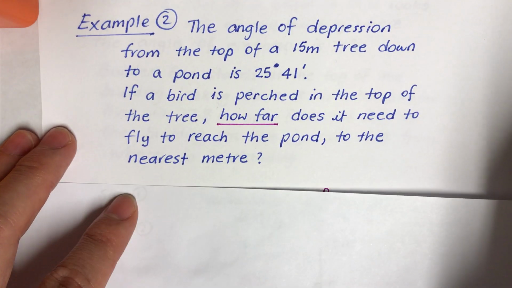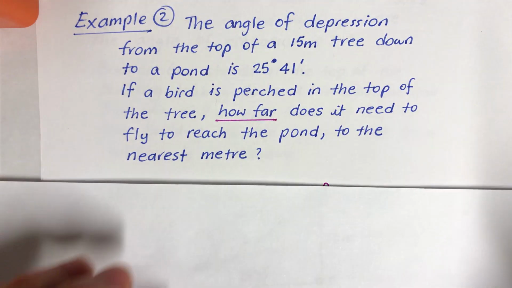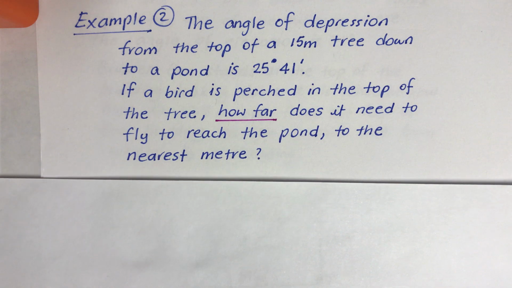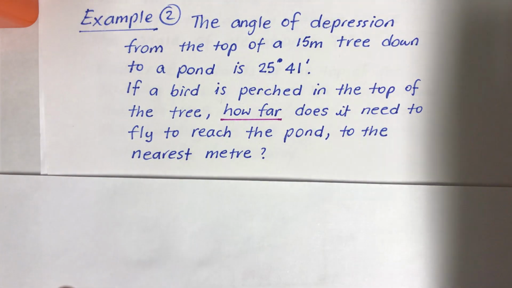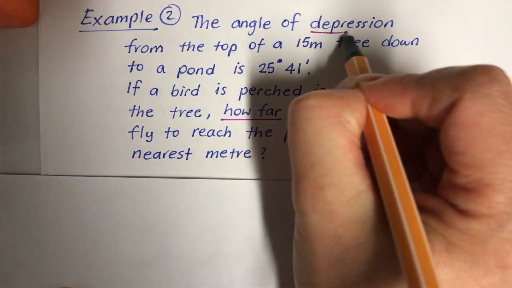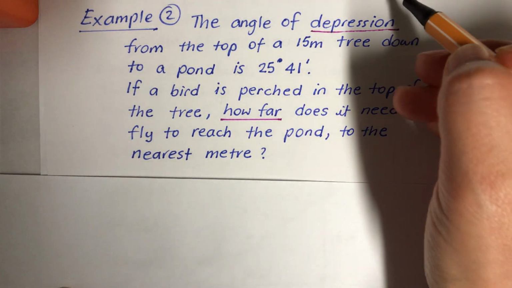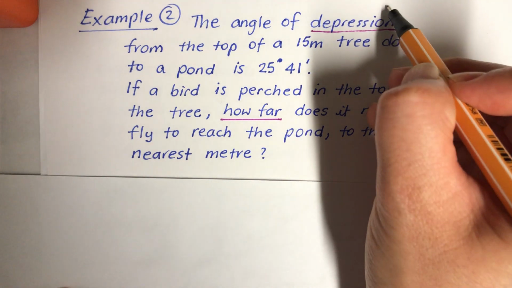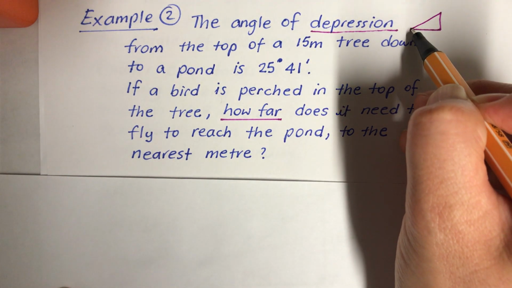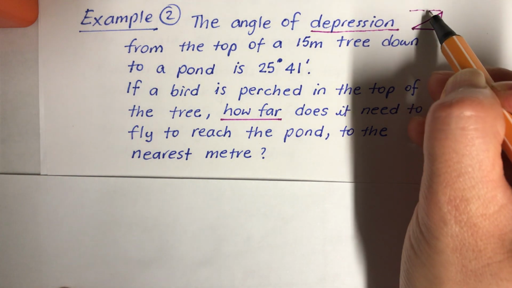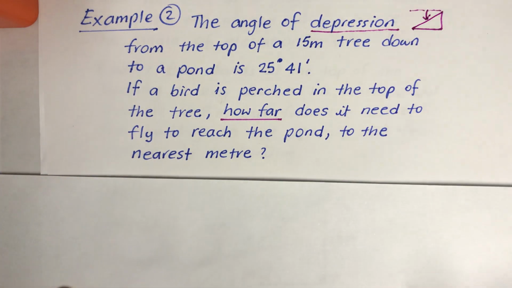All right, let's have a look at the second example. Just cover the solution so you don't jump to the conclusion. Okay, Example 2. The angle of depression, so that's depression. It's coming from top to bottom, yeah? So I'm just going to sketch something. Then that is the depression.